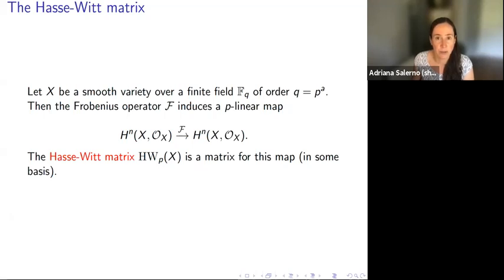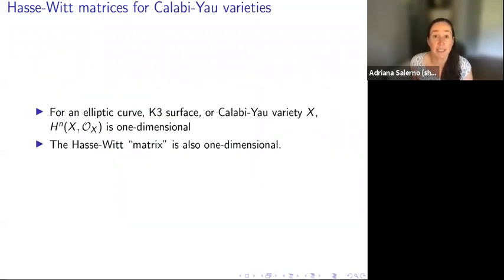Somehow that is telling you information about the p-th order Frobenius, this idea of raising things to the p. For Calabi-Yau varieties, of which K3 surfaces are an example, so if you have an elliptic curve, a K3 surface, or a Calabi-Yau variety, we actually have that, because of the definition I mentioned at the beginning, the space of holomorphic n forms is just one dimensional. And so this is a one-dimensional vector space, and the matrix is not really a matrix, it's a 1-by-1 matrix.